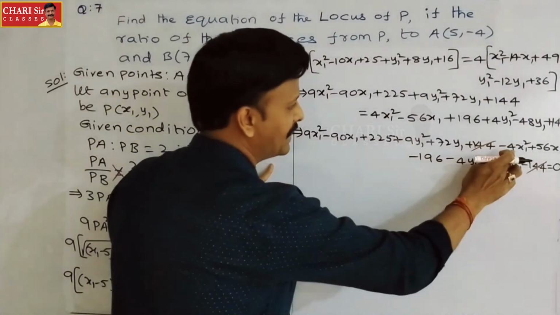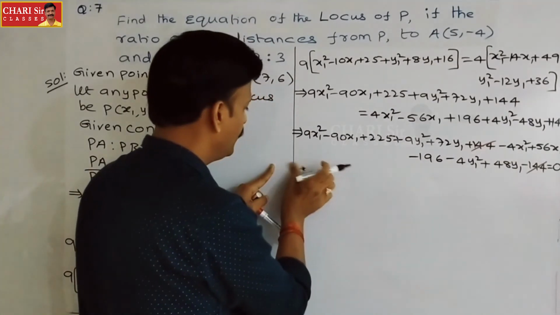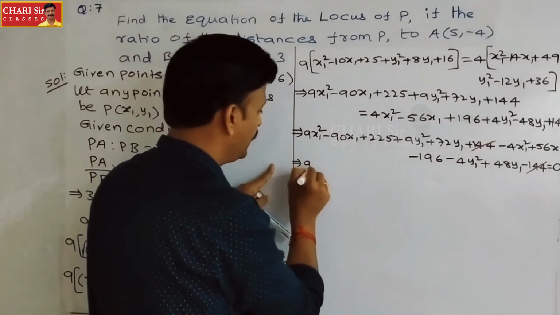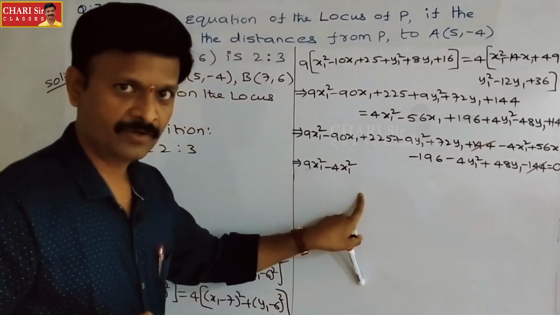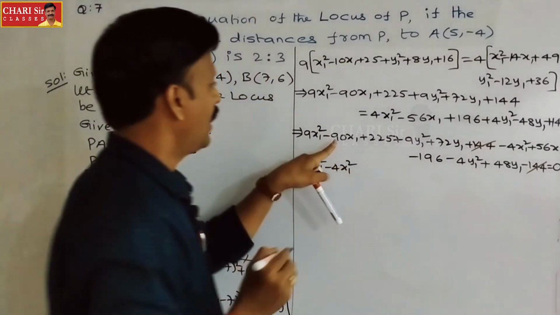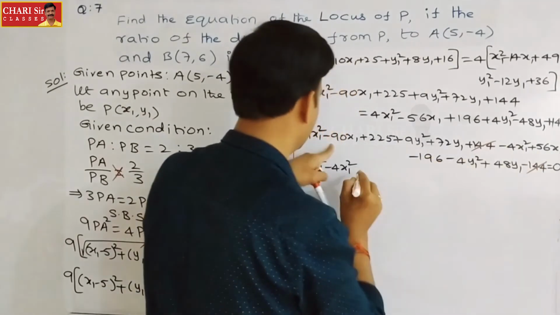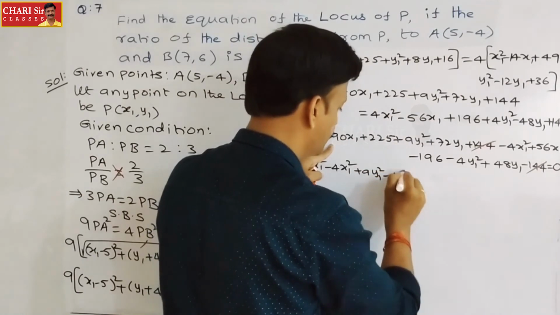9x1 square minus 4x1 square, and 9y1 square minus 4y1 square.